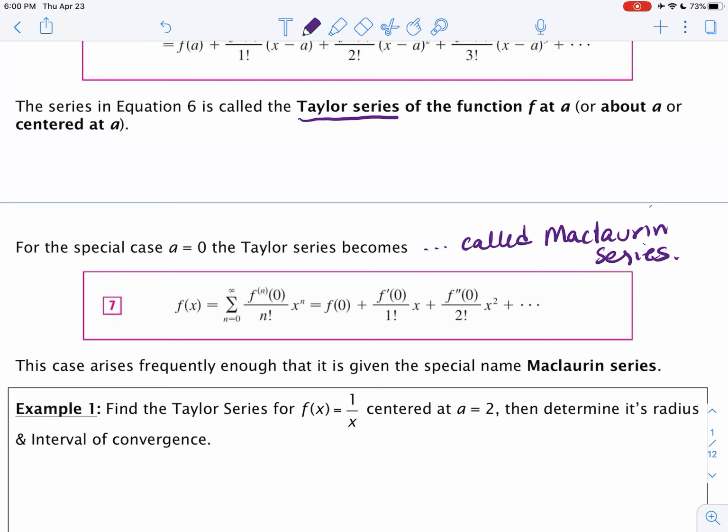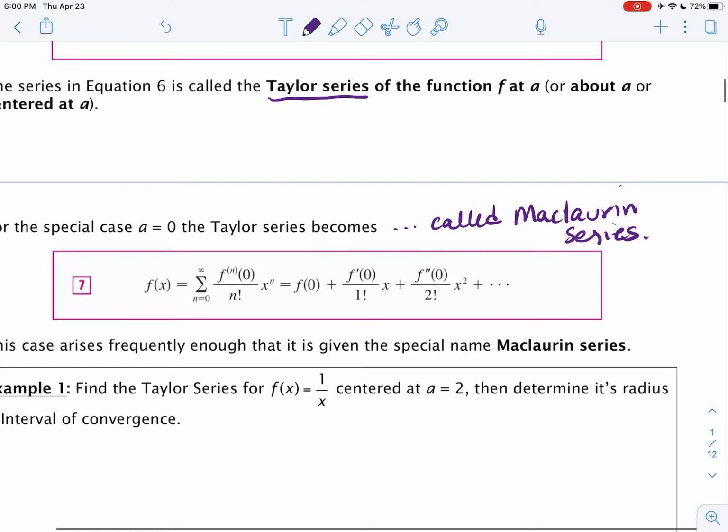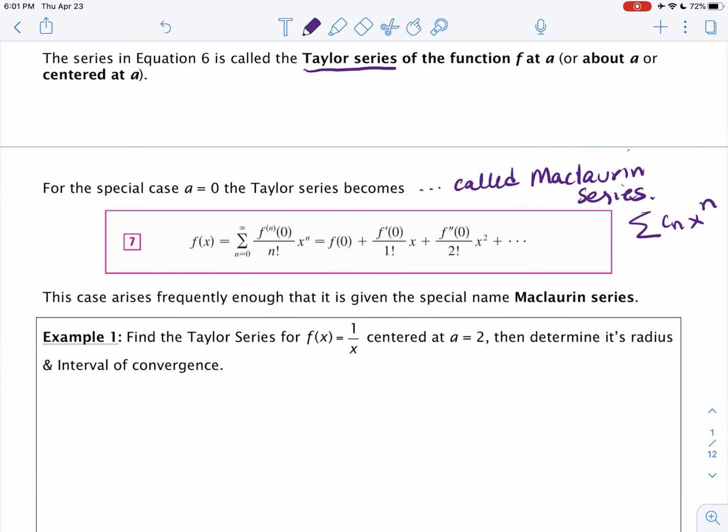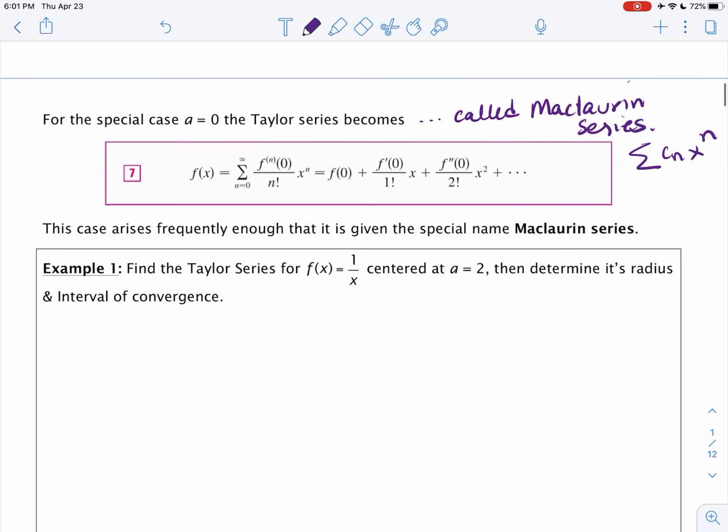So if you're ever given problems in textbooks or references to a Maclaurin series, it is understood that that Maclaurin series is a Taylor series, but that a is equal to 0, right? And you would have c sub n times x to the n and not x minus a to the n, because a is understood to be 0.